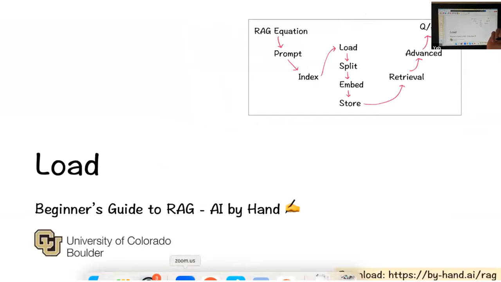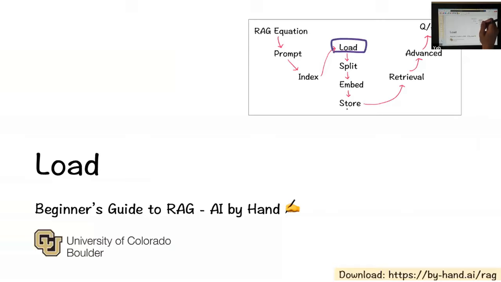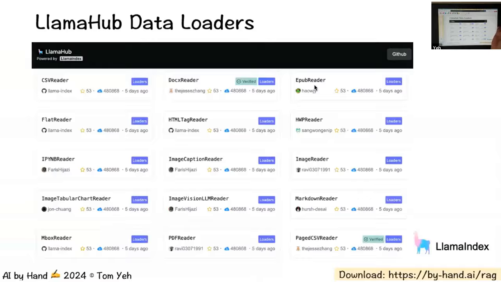Okay. So let's talk a little bit more about this indexing process: loading, splitting, embedding and storing. I want to show you some useful tools you can use for this process. For the loading part, there are repositories such as Llama Hub. They have a bunch of open source data loaders you can choose from.